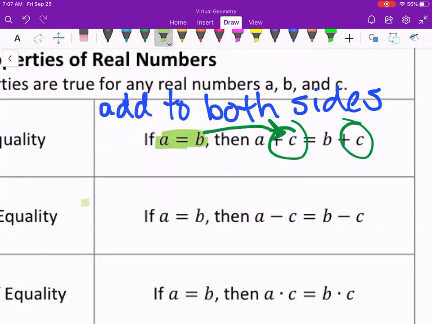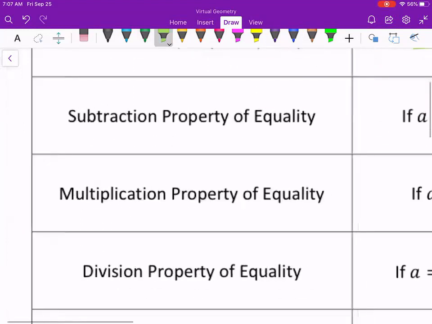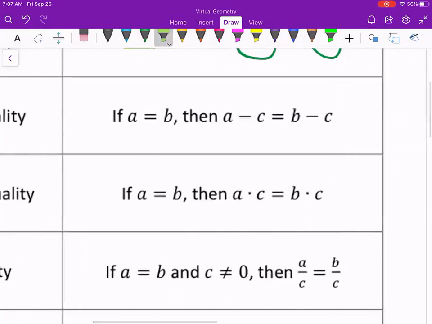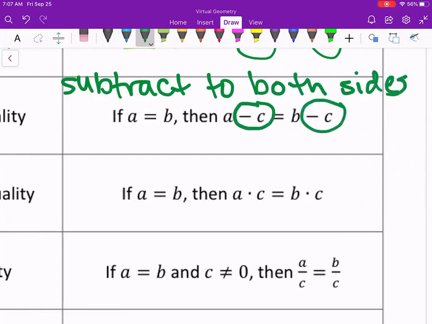Same idea for the next one, which is our subtraction property, which says we can subtract from both sides. Which is what we're doing here. So both sides of the equal sign have the exact same subtraction happening.